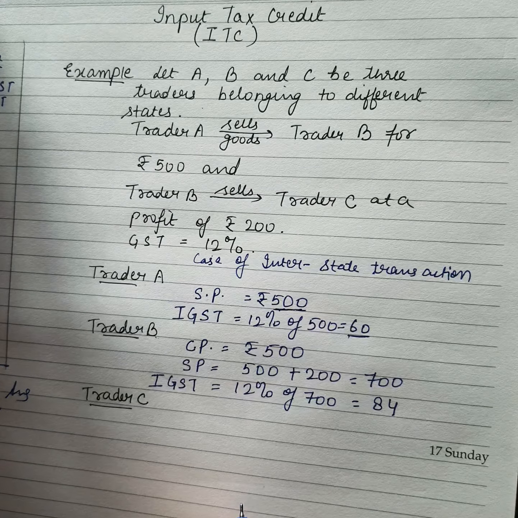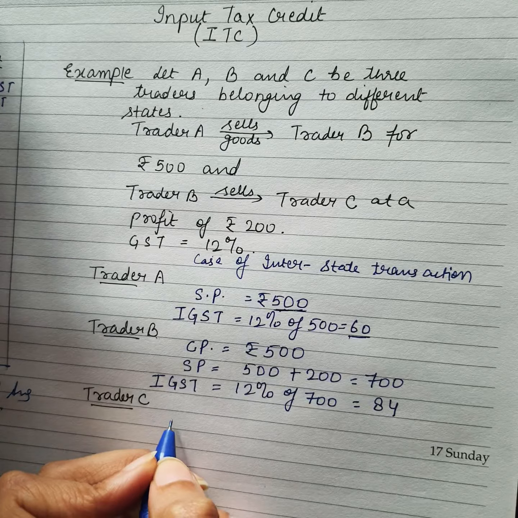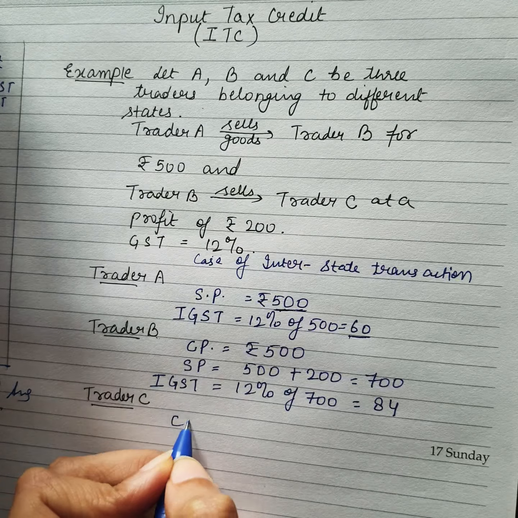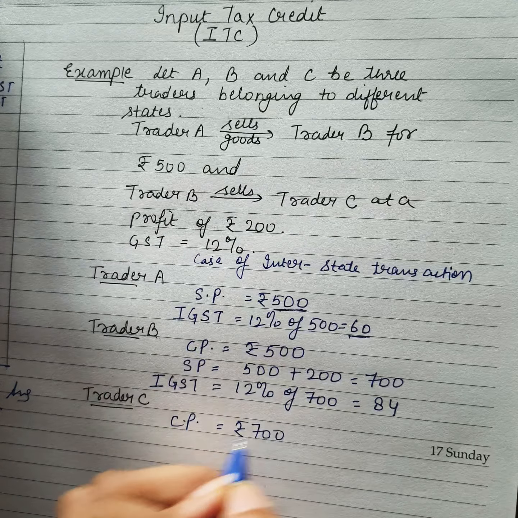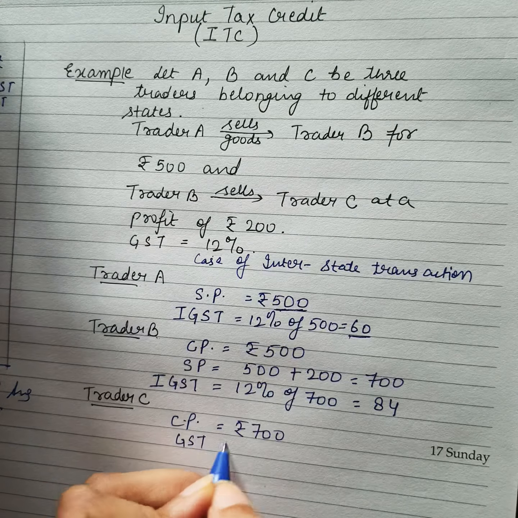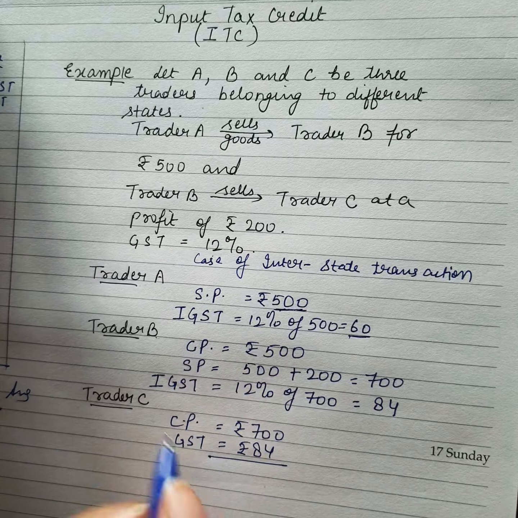That means trader C has purchased the particular good of rupees 700 and paid GST of rupees 84, right? Now observe one thing.